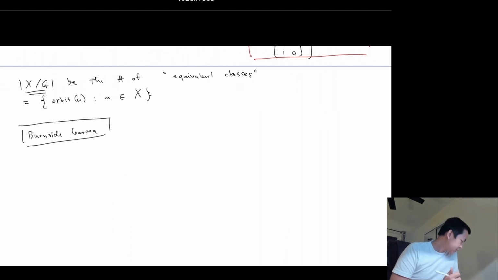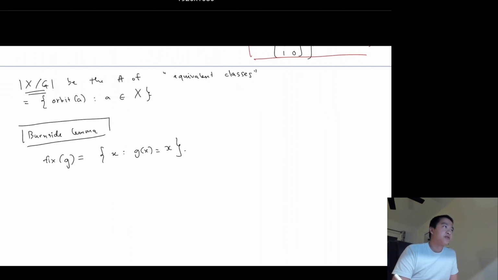I'm just going to state it here. Let fix of G be all elements in X such that G of X is just X.